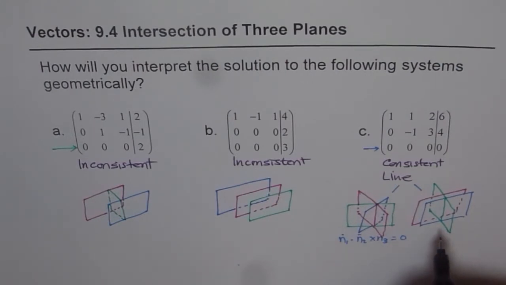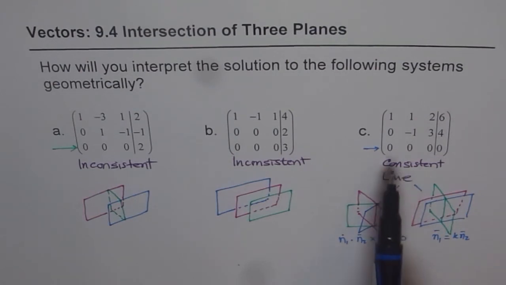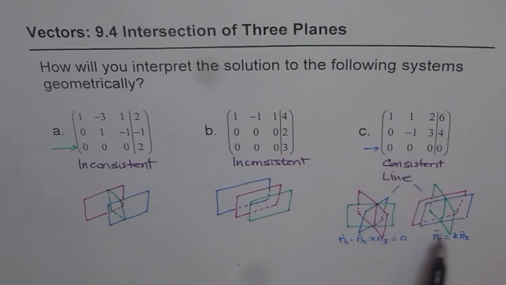And in this case, you'll observe that two planes' normals may be scalar multiples. For example, n1 equals k times n2. So that is a possibility. So either one of those things could be possible. We are not very sure about it at this stage, but a final solution like this represents either of these two cases. Okay, thank you.